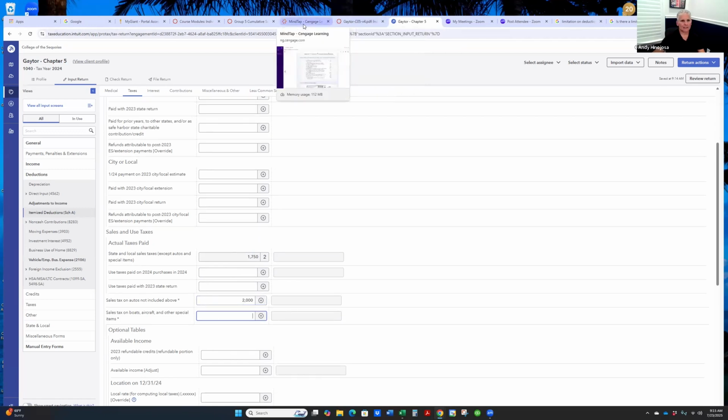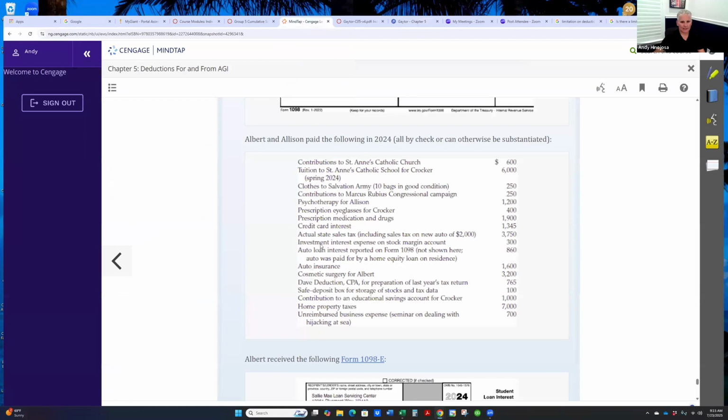Going back to the textbook, investment interest expense on stock margin account, $300. We're going to go ahead and enter it in simply because they do have investment income that exceeds $300. So therefore, investment interest against investment income is deductible.